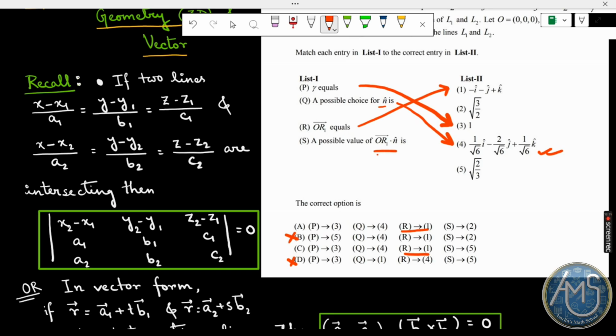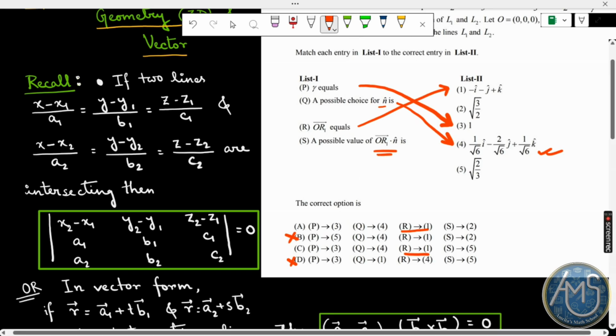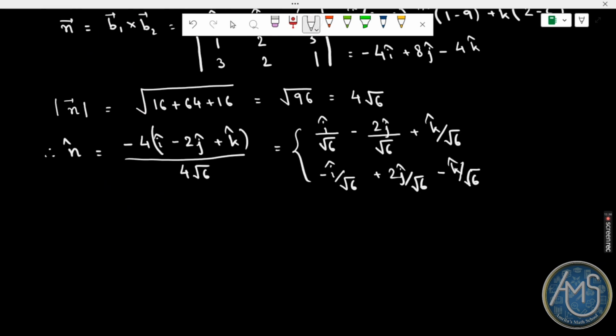So we know that R is 1, that means minus i cap minus j cap plus k cap. Then we can find the value of OR1 vector dot n cap.